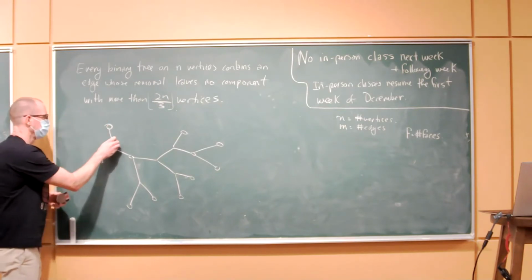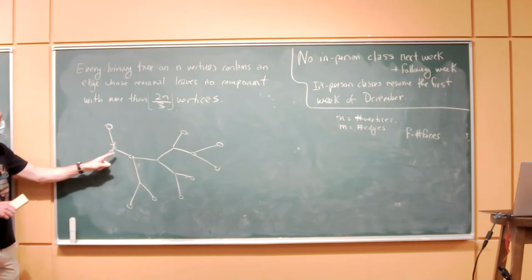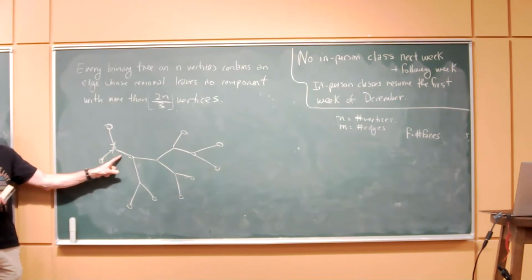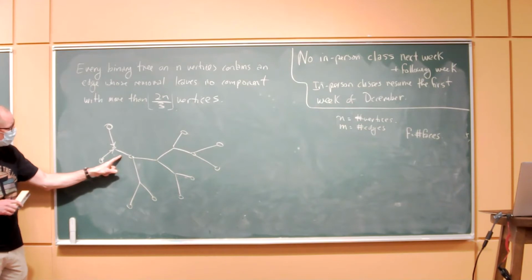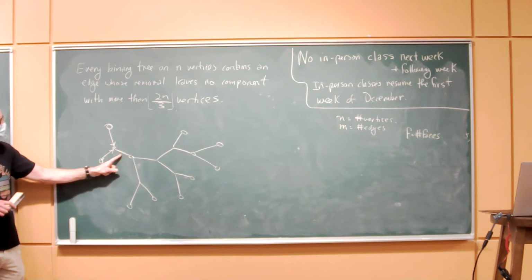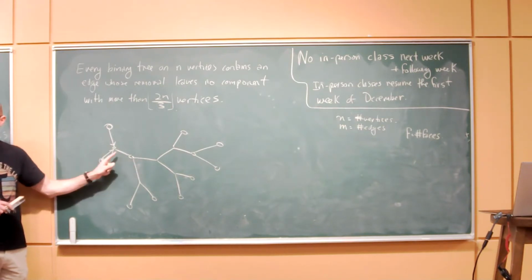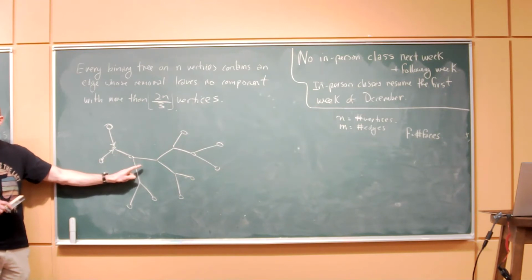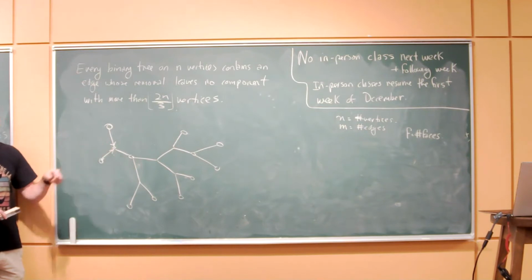No. What about this edge? I don't think so. Yeah, so let's take every edge, and if it's not a good one, that means one of the two sides has more than 2n over 3 vertices on that side. So let's point that edge towards that heavy side.